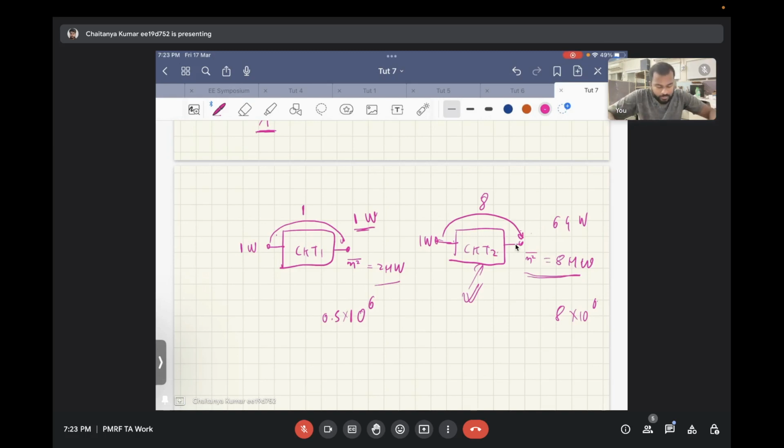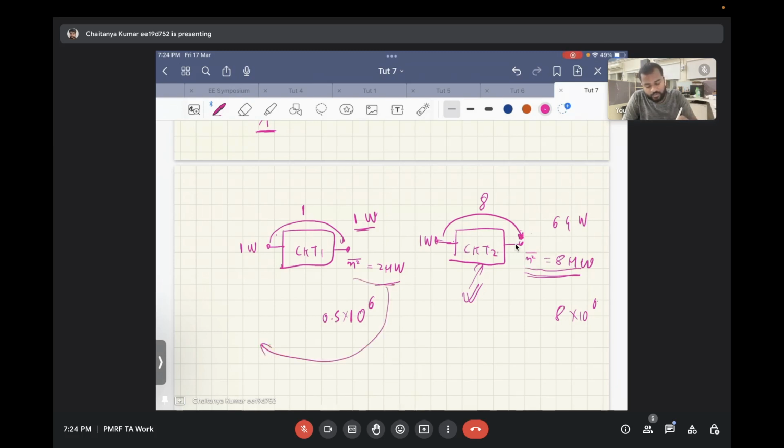Now, instead of doing all this story, what you could have just said is that I won't apply the signal and then check its output power and then divide the signal power by noise power. What I will do is just divide the output noise power of both the circuits by their respective gains.